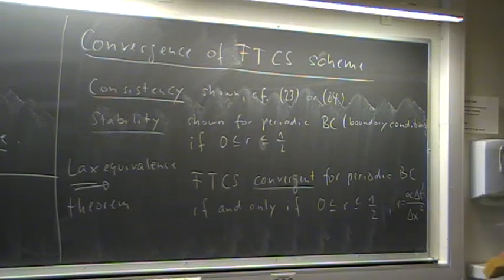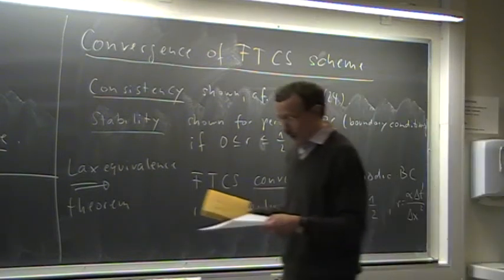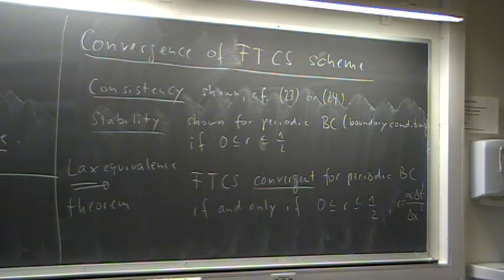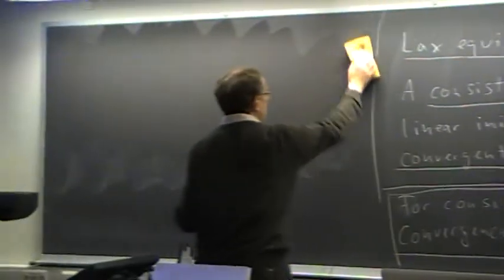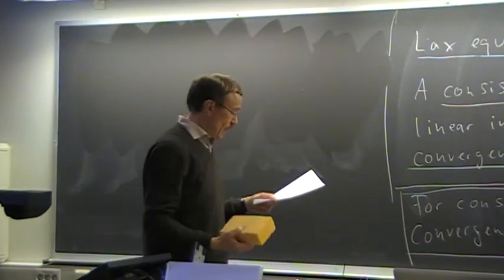So, but this gives us now the confidence in using this method, because we know that the numerical solution will really approximate the exact solution as we refine the grid spacing and the time step. So now we want to see how we can apply this theory, this numerical analysis, also to other situations.